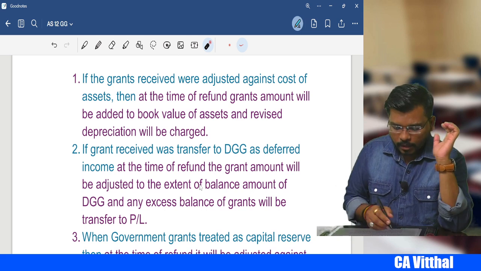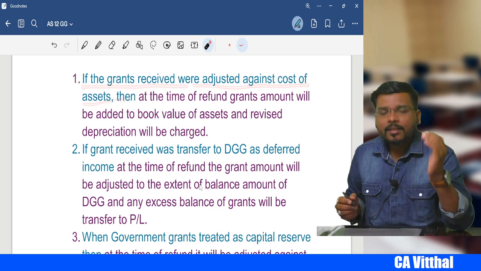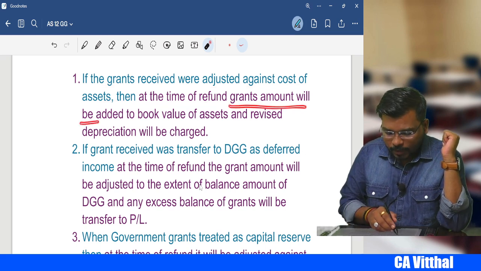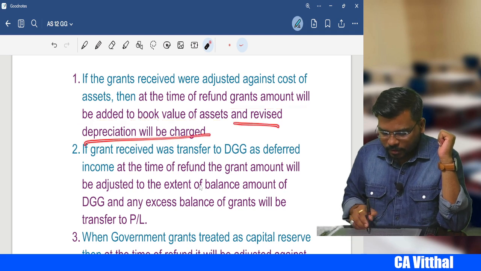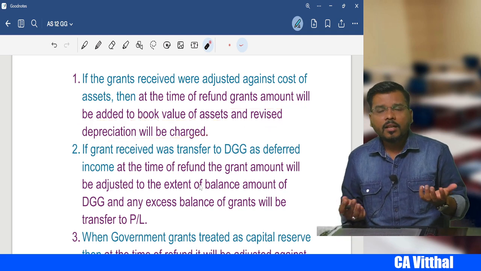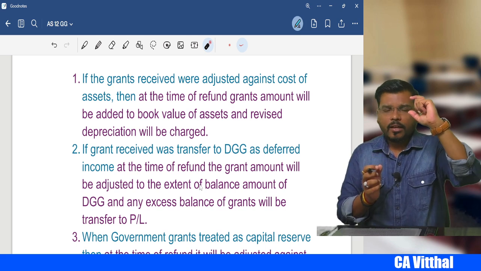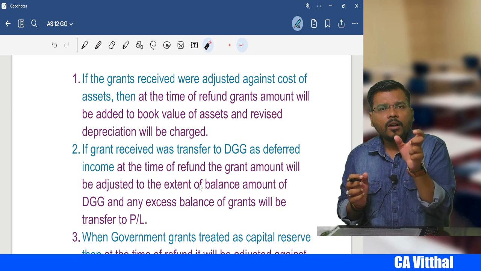For example, if the grant received was adjusted against the cost of the asset, then at the time of refund, the grant amount will be added to the book value of the asset and revised depreciation will be charged, right? So earlier what happened, sir? Your cost was 10 lakh, grant was 8 lakh, the book value became how much, sir? 2 lakh.